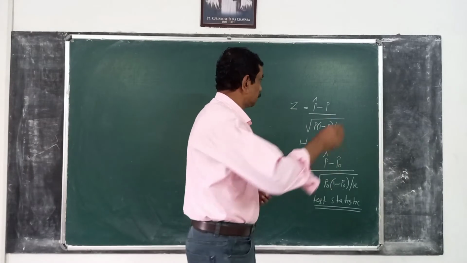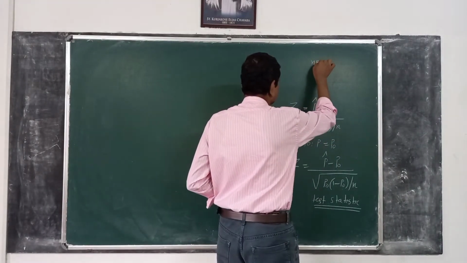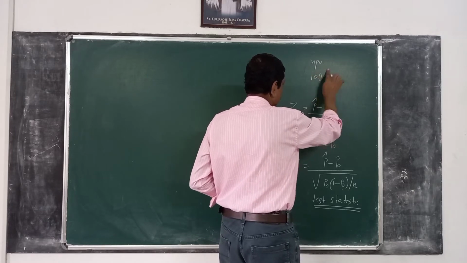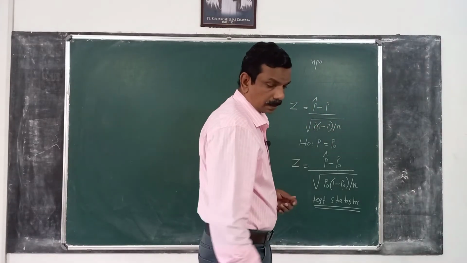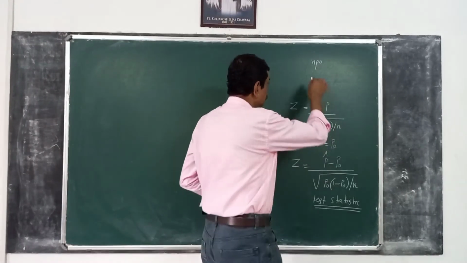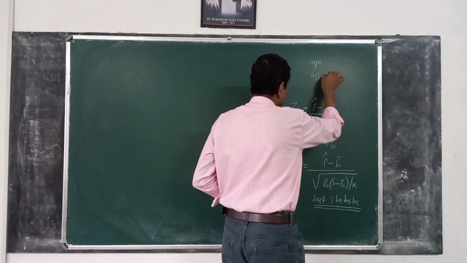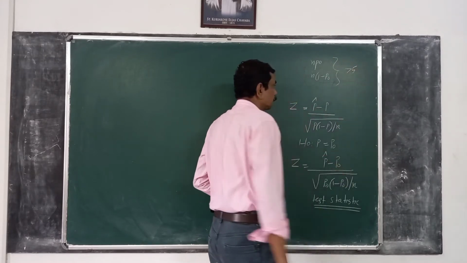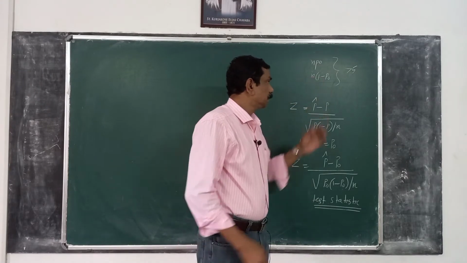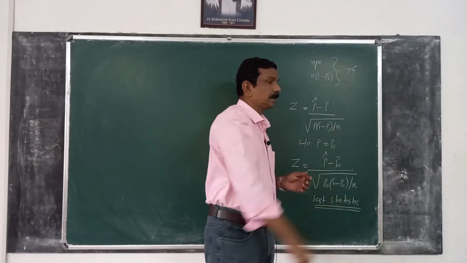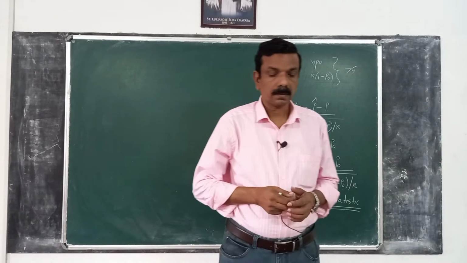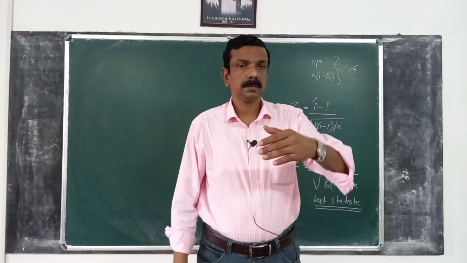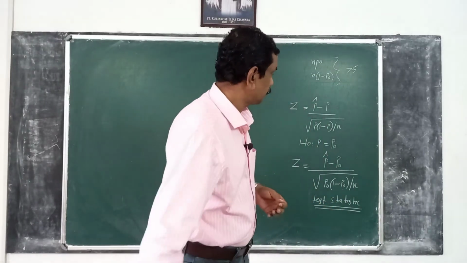The second is that n into p0 and n into 1 minus p0 should be 5 or greater. That is the assumption used for testing the significance of one proportion.